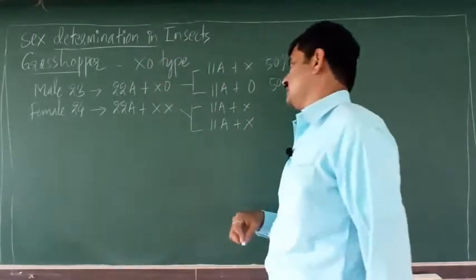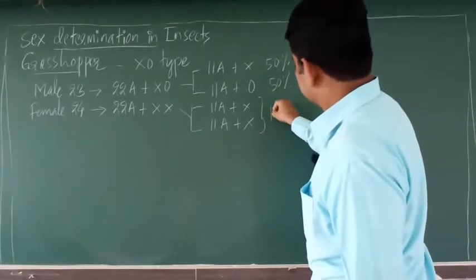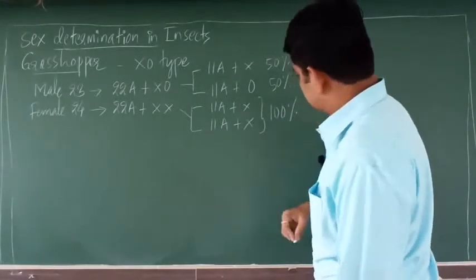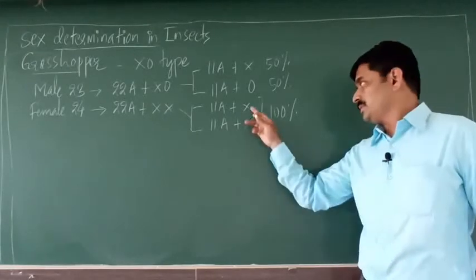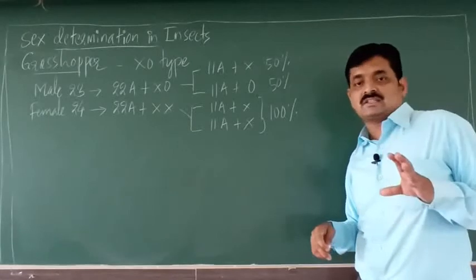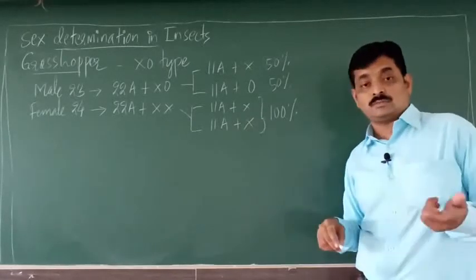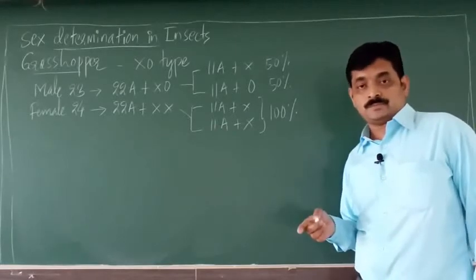So 100% gametes will have X chromosome. That means all eggs will have one X chromosome along with the autosomes.